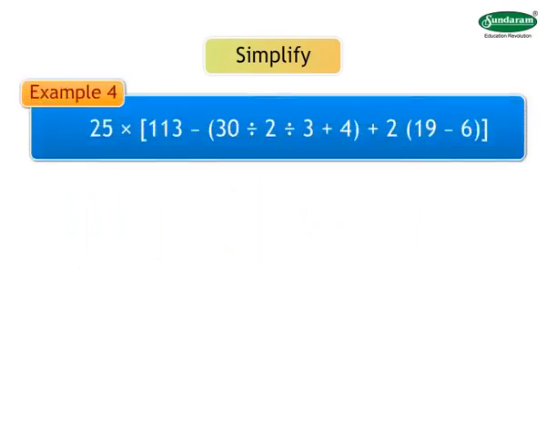Example: 25 into square bracket 113 minus into simple bracket 30 divided by 2 divided by 3 plus 4 simple bracket closed plus 2 into simple bracket 19 minus 6 simple bracket closed square bracket closed.